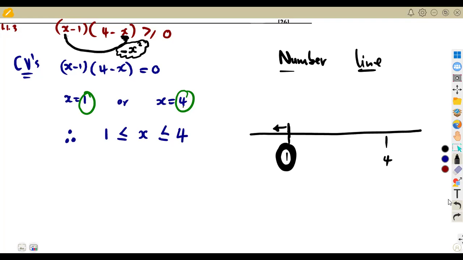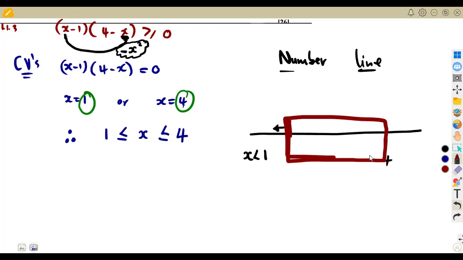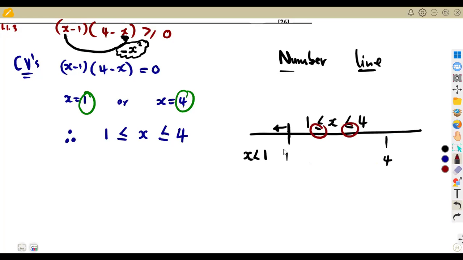They are less than 1. What about values that are in between 1 and 4? Every value in between is taken as x greater than or equal to 1, but less than or equal to 4. We only put this equal to here. You see this equal to? We only put this equal to. All right, let me also indicate it here.